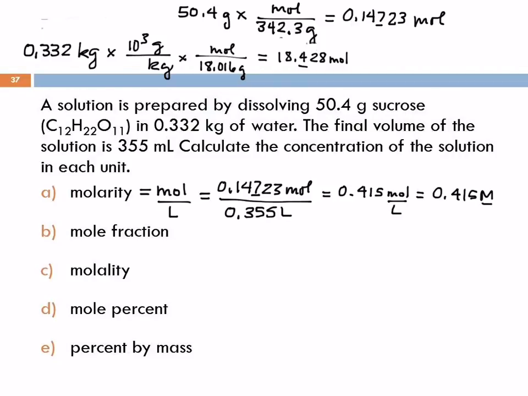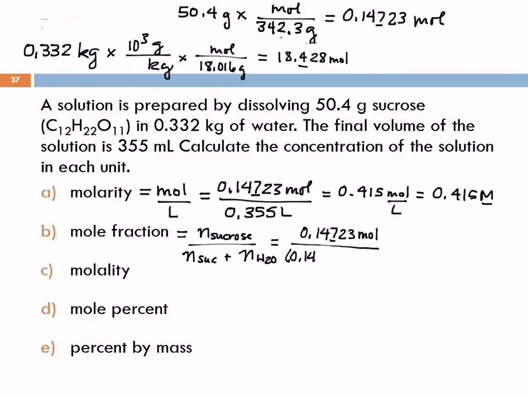So mole fraction is moles of sucrose over moles of sucrose plus moles of water. So I've got 0.14723, excuse me, moles on top.